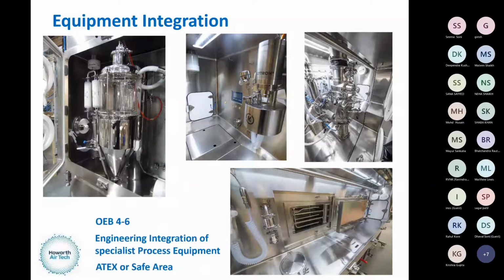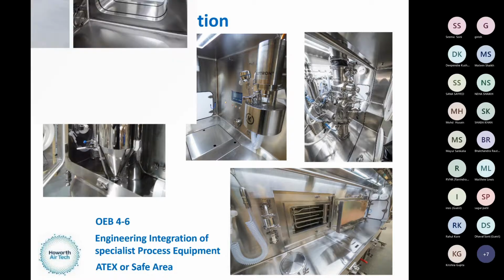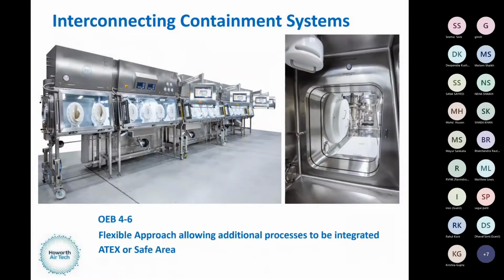There's that word again, integration. So I just wanted to put some different examples on here. We've got different process vessels, the mixer that we talked about previously, tray dryers. So there's a number of systems that we can design into the containment enclosure. And then a new approach we're looking at is bringing in interconnecting systems.